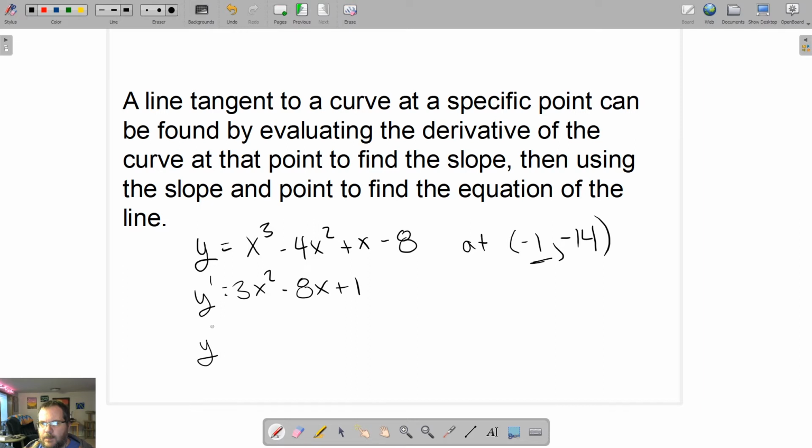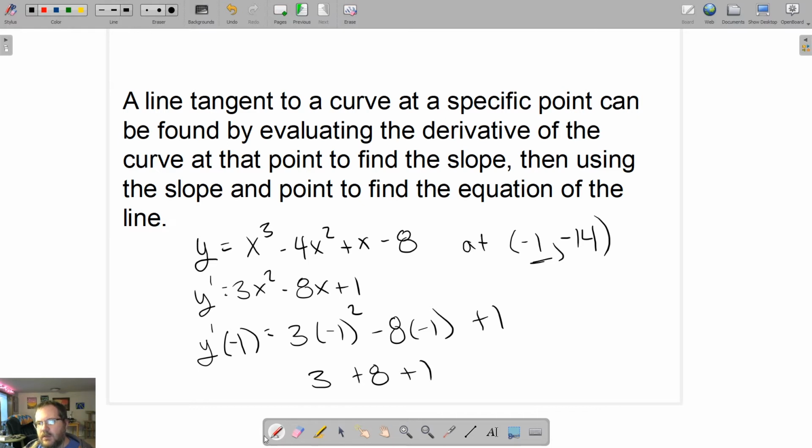So y prime of negative 1 is equal to 3 times negative 1 squared minus 8 times negative 1 plus 1. Negative 1 squared is 1, times 3 is 3. Negative 8 times negative 1 is plus 8, plus 1. So the slope of the line tangent at that point is equal to 12.